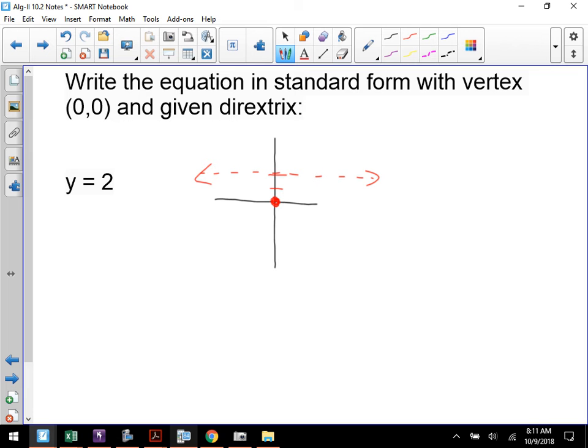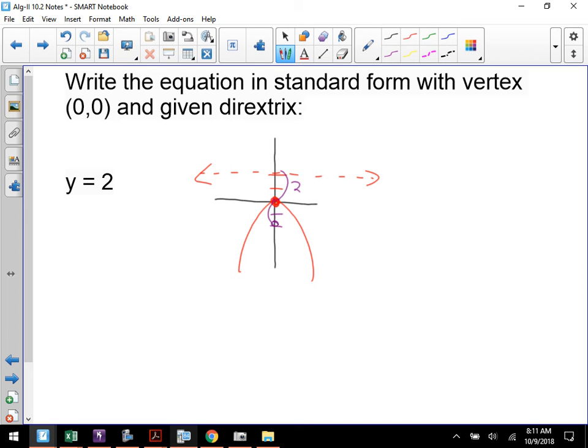Which means, what direction does this have to open? Down. And why does it have to open down? Remember, this is the counterbalance. If the directrix is above, that means it has to open below. So if the directrix is 2 units away, where's your focus? 2 units away.